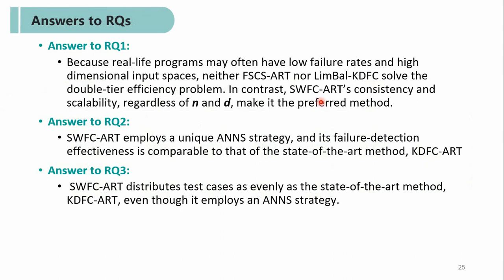In contrast, SWFC-ART's consistency and scalability, regardless of number of test cases or the dimensionality of input domain, make it the preferred method. SWFC employs a unique approximate nearest neighbor search strategy, and its failure detection effectiveness is comparable to that of the state-of-the-art method KDFC-ART.